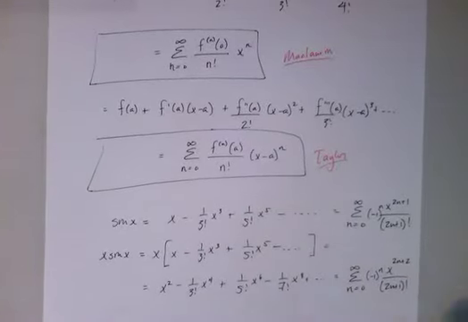Okay, so that's how we're going to move forward from here. Taylor and Maclaurin allow us to find the power series associated with a whole host of different functions, and from there, there's an explosion of what we can do in terms of the representation of functions using these power series.